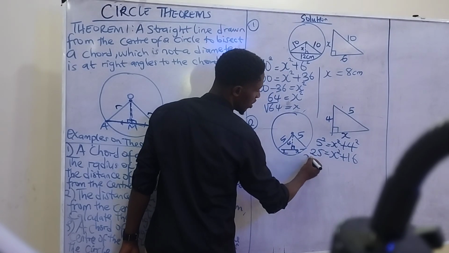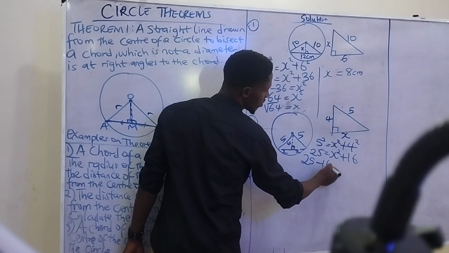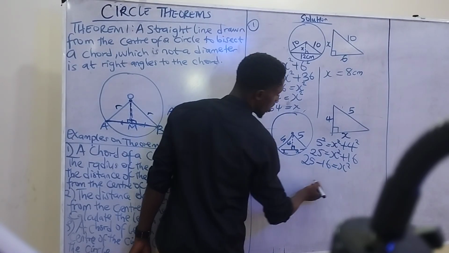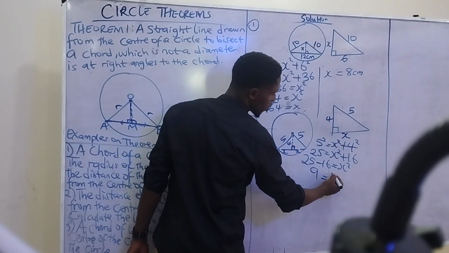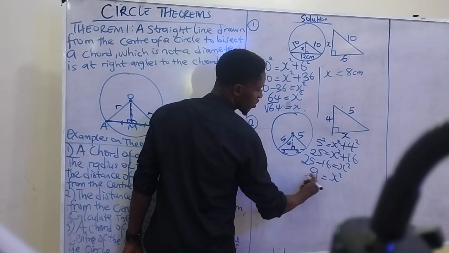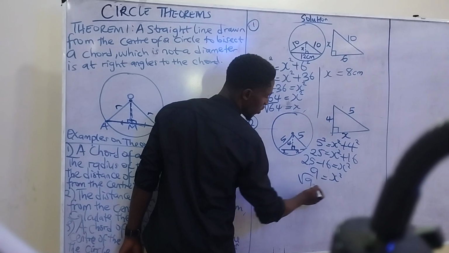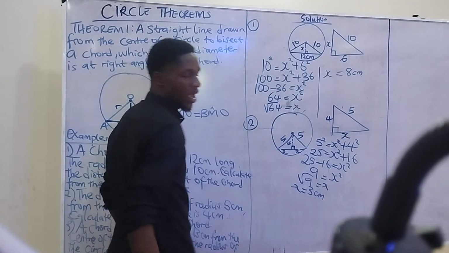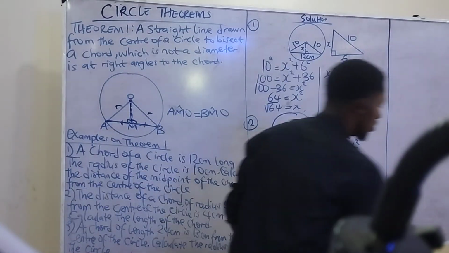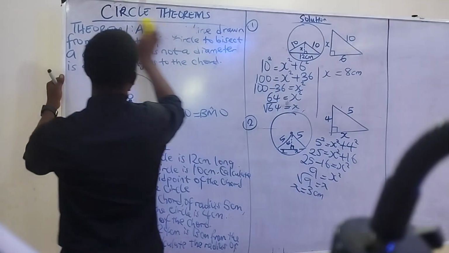Collect like terms. 25 minus 16 is equal to x squared. So 25 minus 16 should give us 9, equal to x squared. When the square goes here, it is the square root. Therefore, our x is equal to 3 cm. And that is how to get the answer of this.